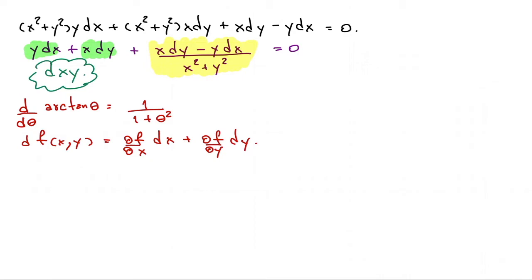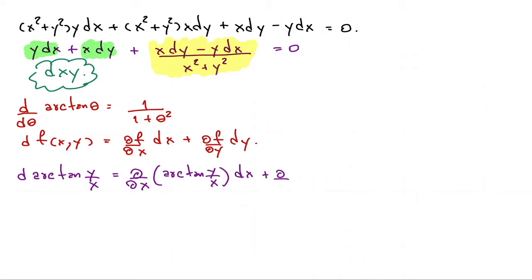So if I want to look at d of arctan(y divided by x), what is it? That would be d by dx of arctan(y/x) dx plus d by dy of arctan(y/x) dy. Right?